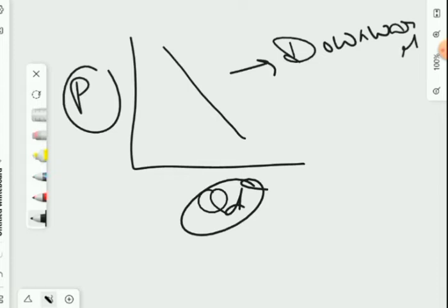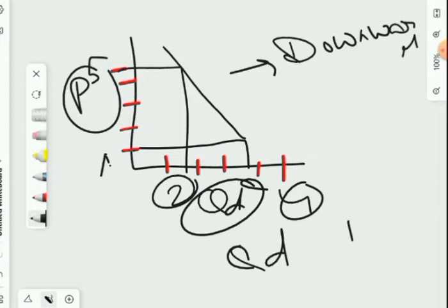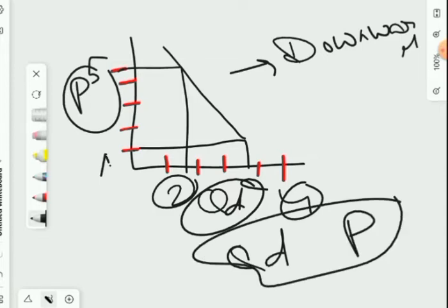For example, if the price of a commodity increases from 1 to 5, the demand of the commodity will decrease sharply from nearly 4 to 2.